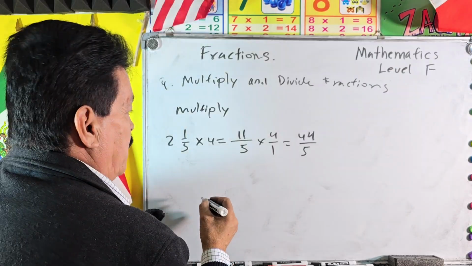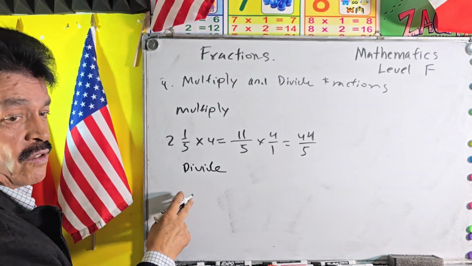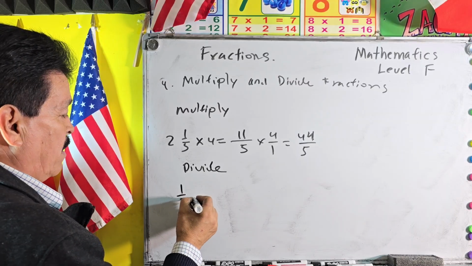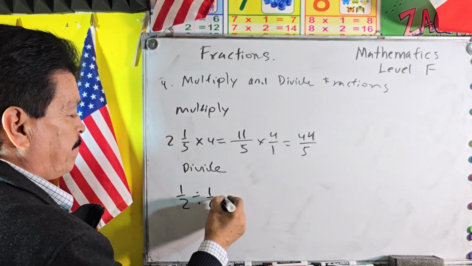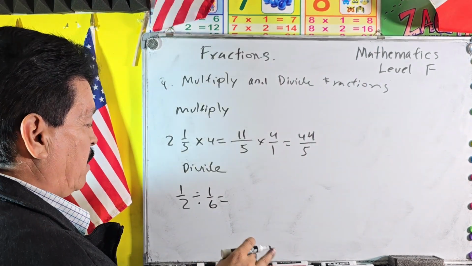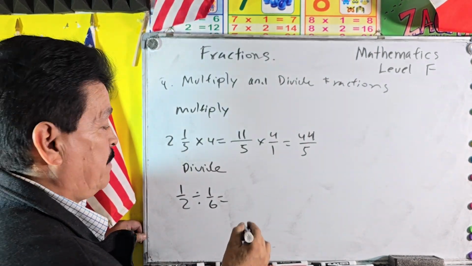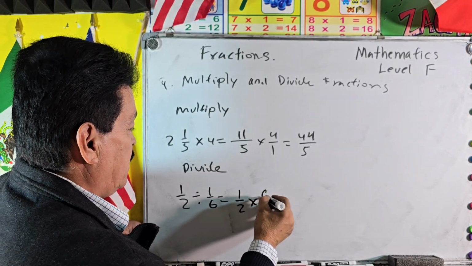So now divide here. This is division. Divide 1/2 by 1/6. So this is multiply across. How do I do this? 1/2 times 6/1.